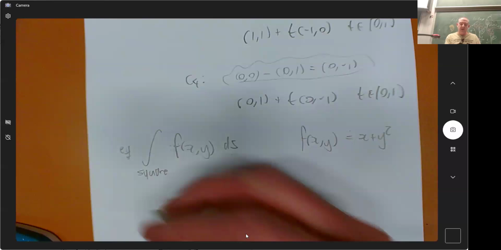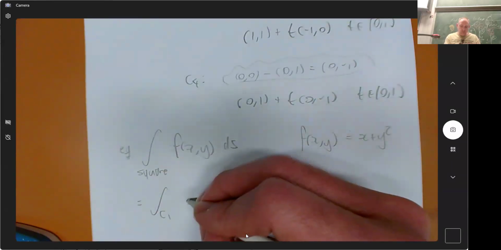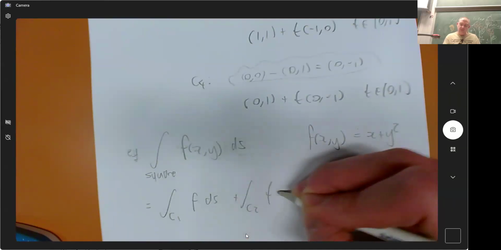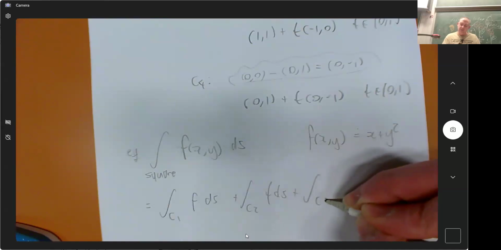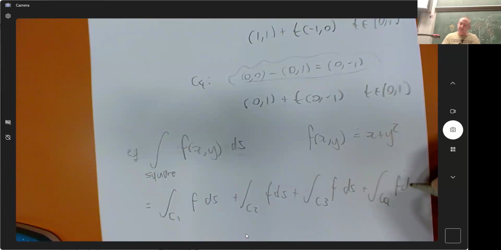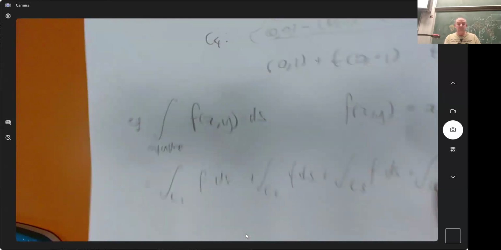Then this would be the integral over C1 of f ds plus the integral over C2 of f ds plus the integral over C3 of f ds plus the integral over C4 of f ds. And I have to do each of those integrals separately and add them up to get the total final integral around the edge of the square.